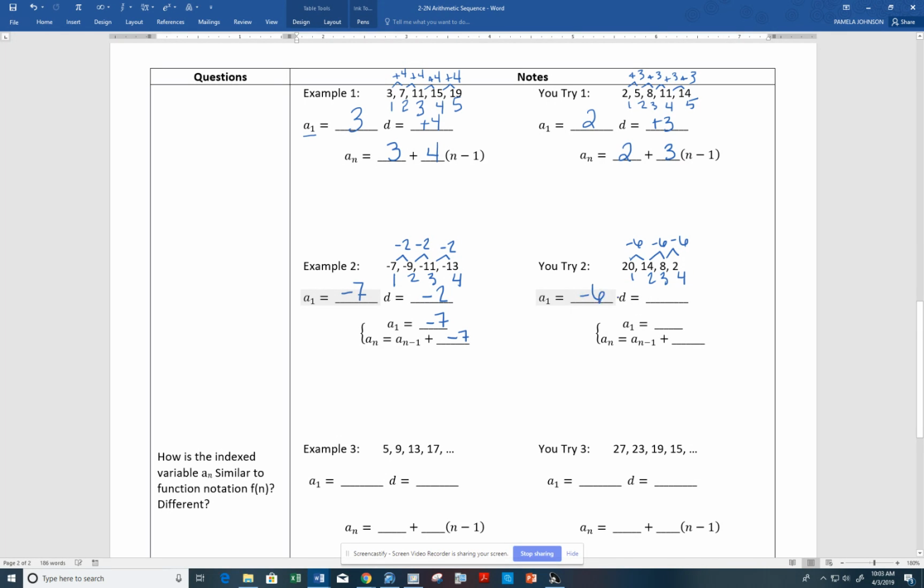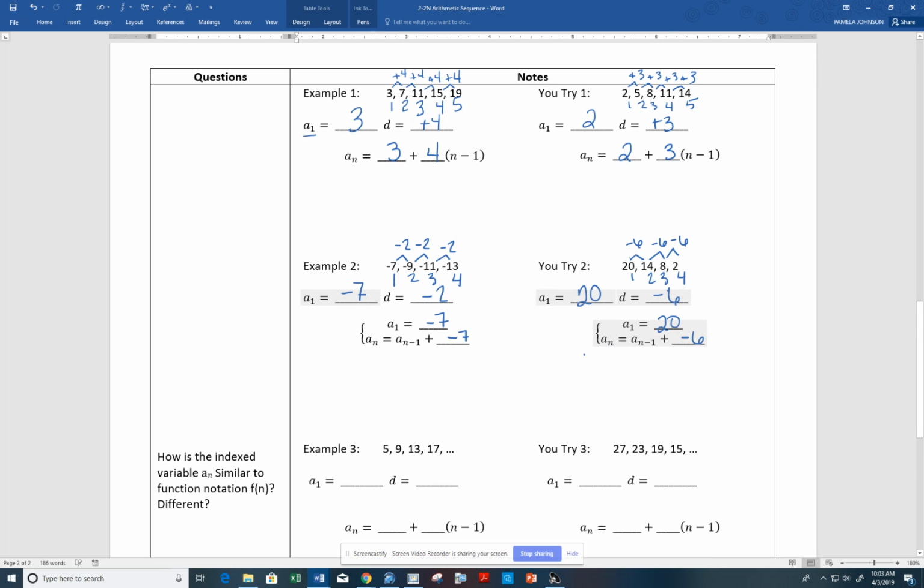Our common difference was -6, but our first term was 20. Okay, so A sub 1 is 20. The second line of the recursive formula is A sub n equals A sub n minus 1 plus -6.